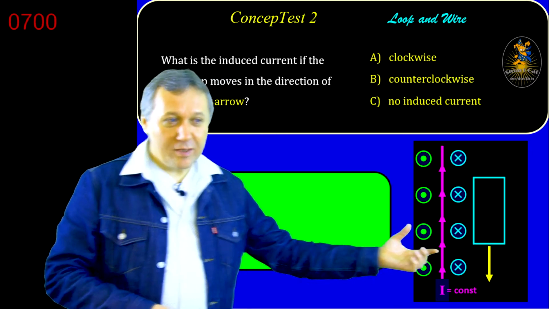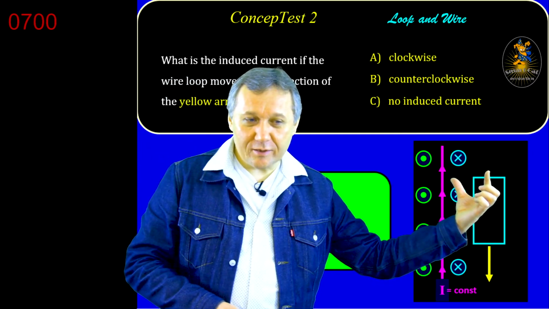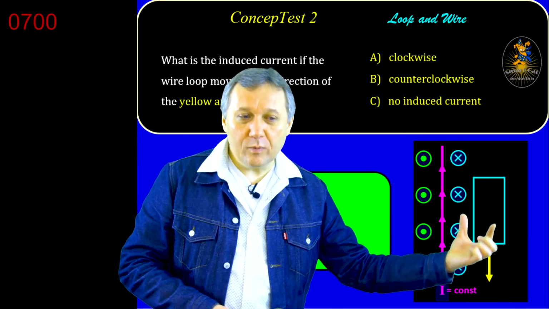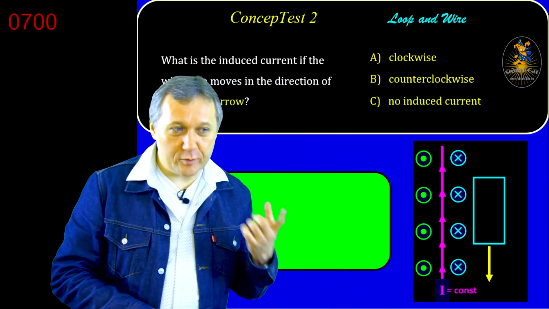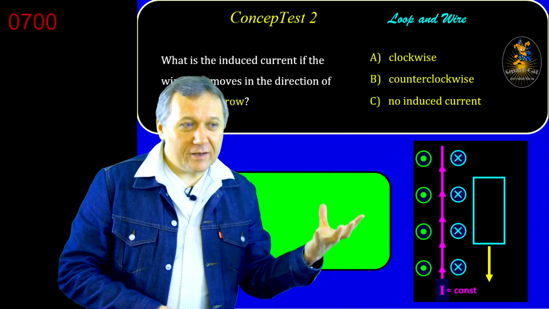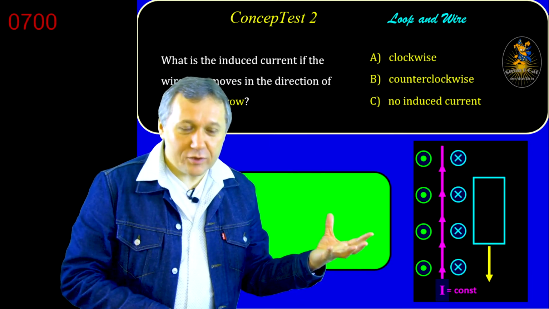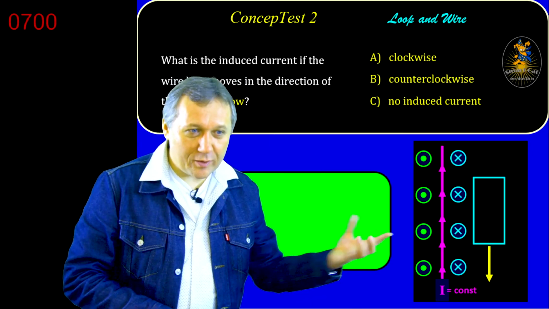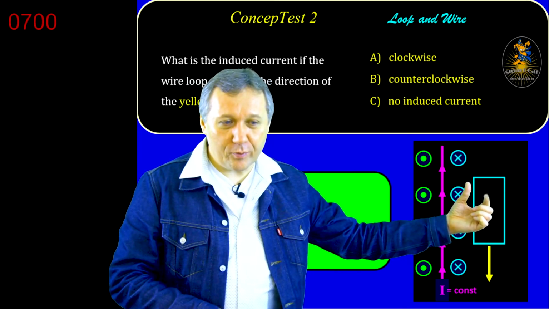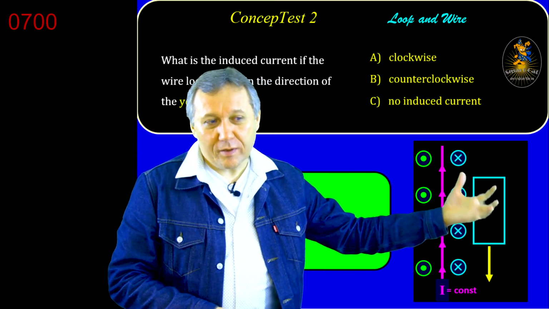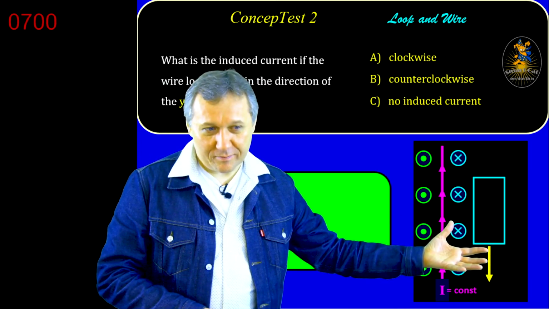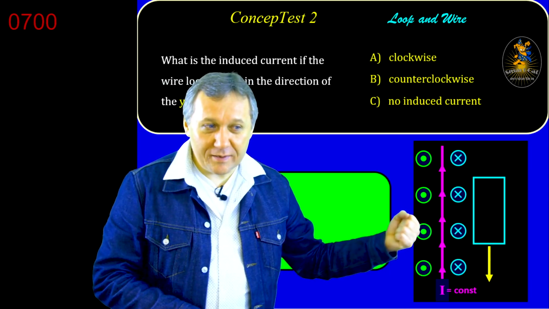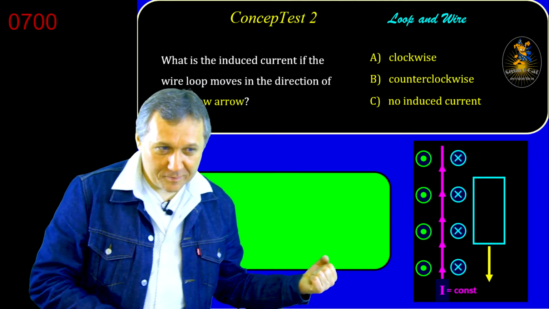Why is it constant? Because you see, we're dragging this loop along the wire. So as you move this loop along the wire, parallel to the wire, the magnetic field numbers don't change, right? So at any point of the loop, the value of the magnetic field stays the same with time. So B is constant.